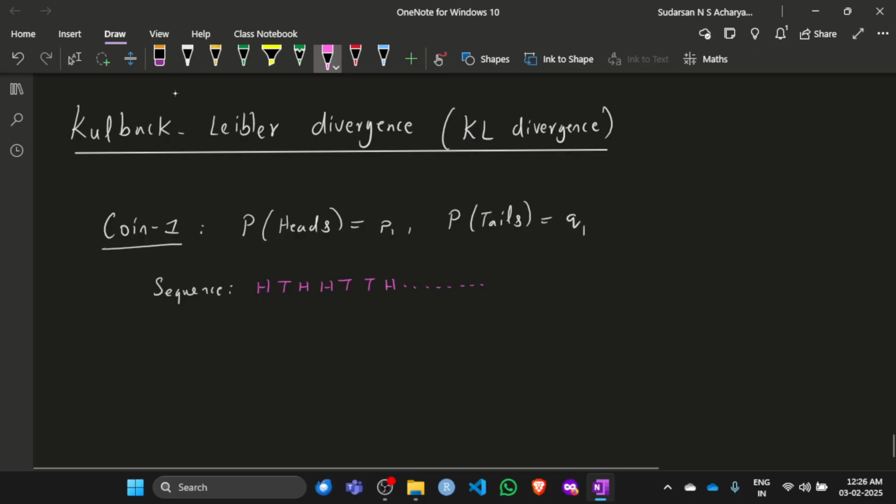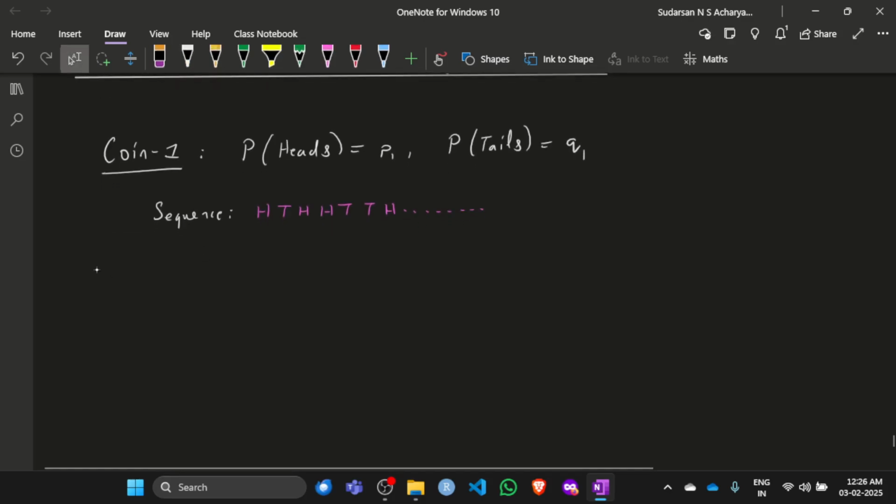Suppose there is another coin that your friend comes up with. And your friend claims that the coin that you have has the same distribution as the coin that he or she has brought in, right?